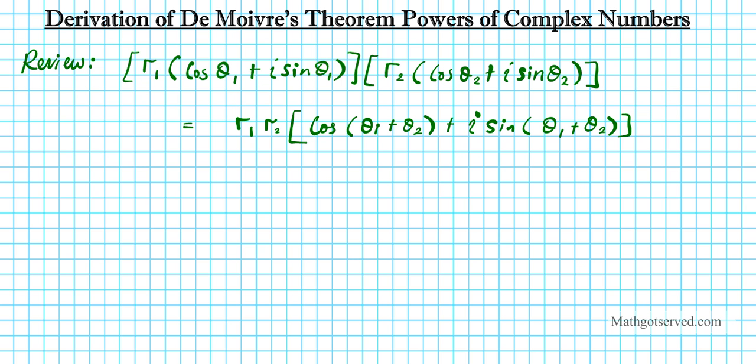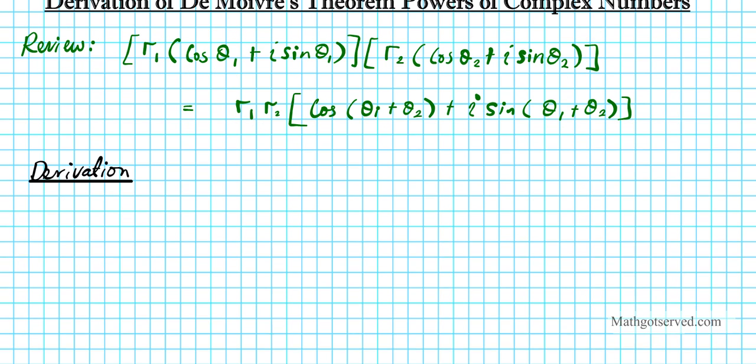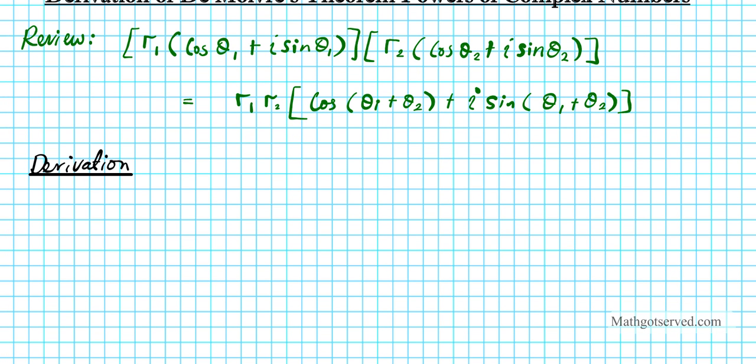All right, now with this formula in mind, let's go ahead and make our derivation. We're going to do this by deductive reasoning. We're going to look at three cases and see if we can form a general case for any n power, and that will result in De Moivre's theorem. Okay, so we're going to start by looking at n equals 1.